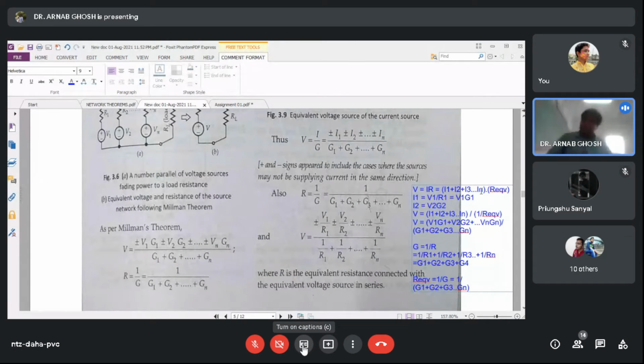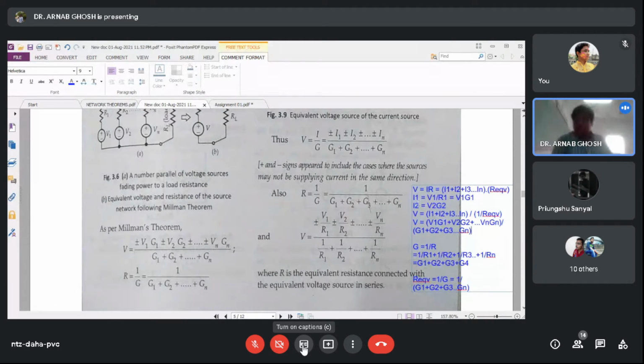So we cannot add up the voltages when they are in parallel. We can add up the currents. So the total voltage V will be the total current multiplied by the equivalent resistance. Right? This first statement. Yes, sir.